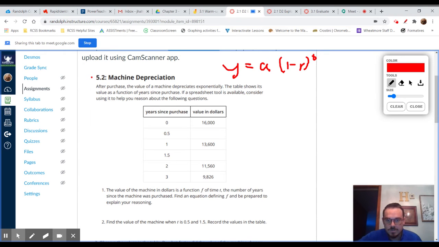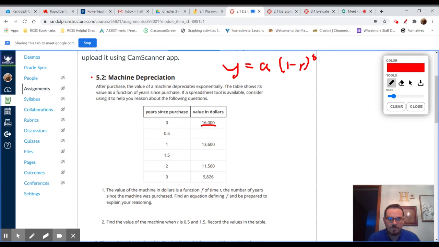So this says years since purchase and then value in dollars. As we go up a half year or a whole year, we can see the value goes down. We can also see from 1 to 2 and 2 to 3 what that jump is. Between 0 and 1, we're losing some value, so we can figure out what that is.